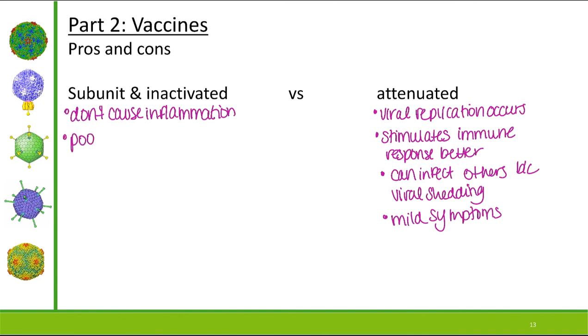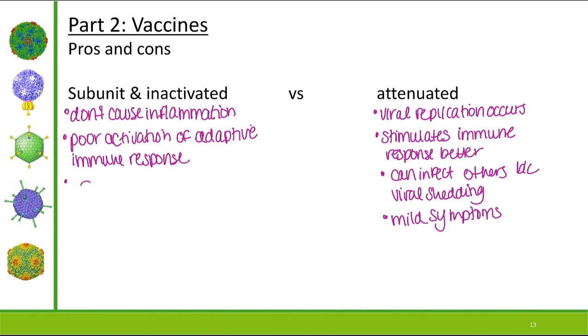We also get, in general, poor activation of the adaptive immune response. And again, that goes back to not getting inflammation, so we have less signaling happening within the immune system. And so we just don't get as good of an adaptive immune response either.